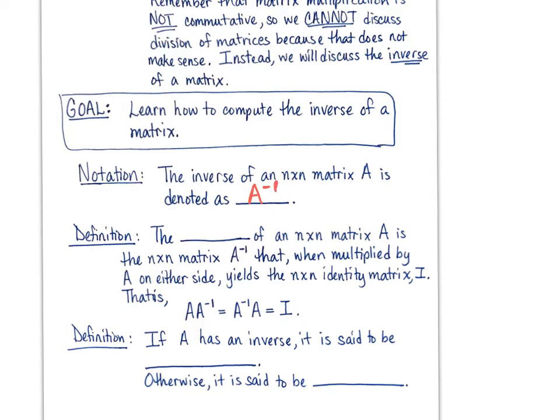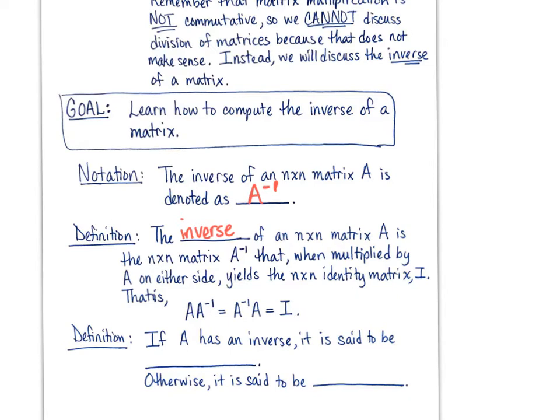The inverse of an n by n matrix A is the n by n matrix A inverse that, when multiplied by A on either side, yields the n by n identity matrix I. That is, A times A inverse is equal to A inverse times A, which is the identity matrix.